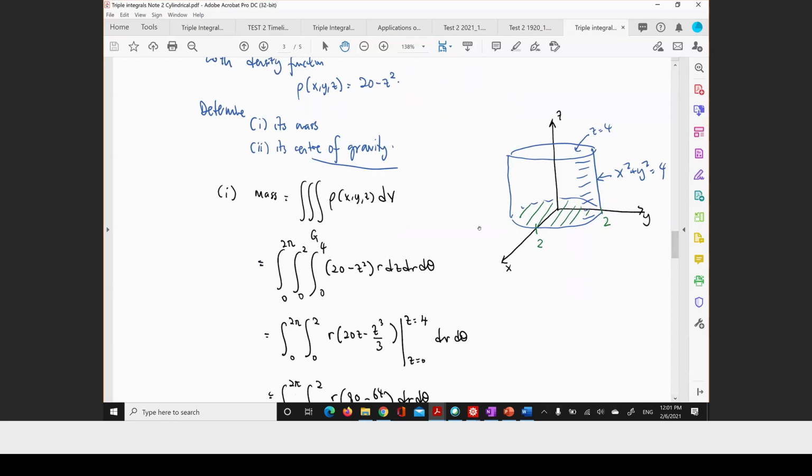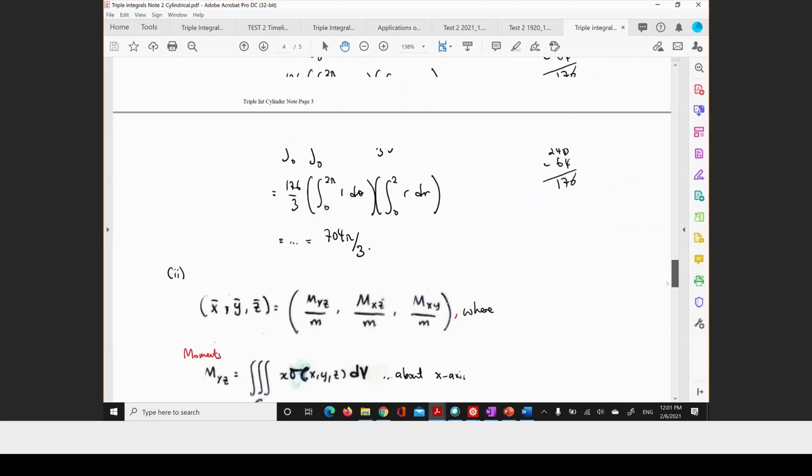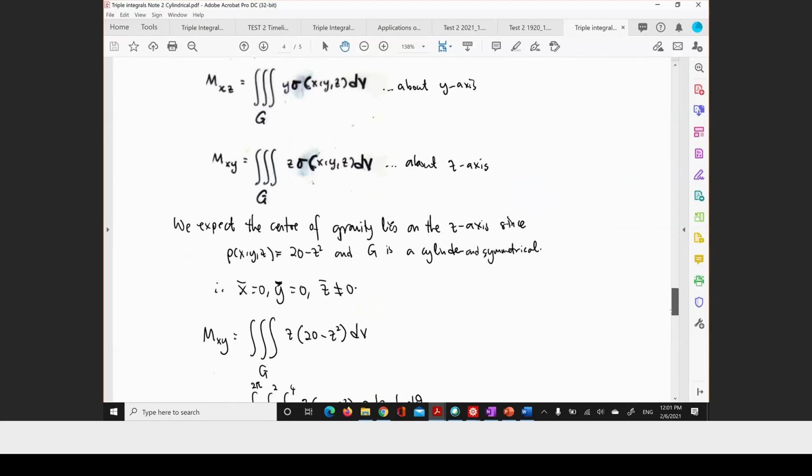And then the center of gravity lies on the z-axis. Why must the center of gravity lie on the z-axis? Because if you observe this, then immediately you can say that x bar is 0, y bar equal to 0.